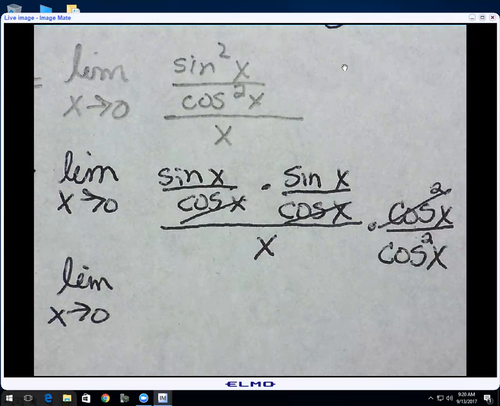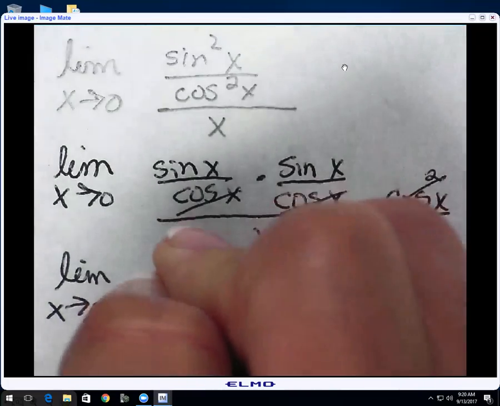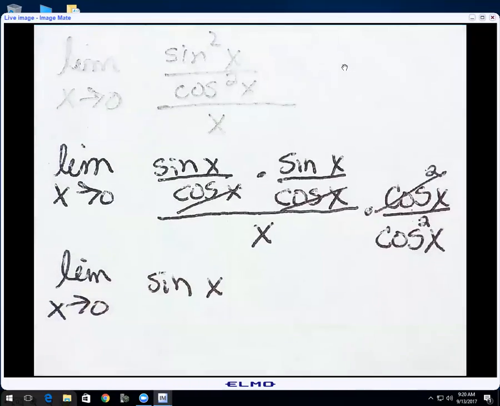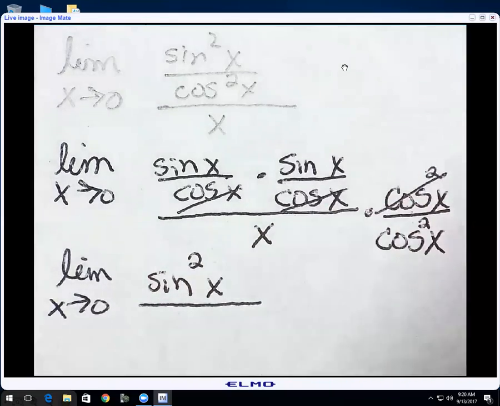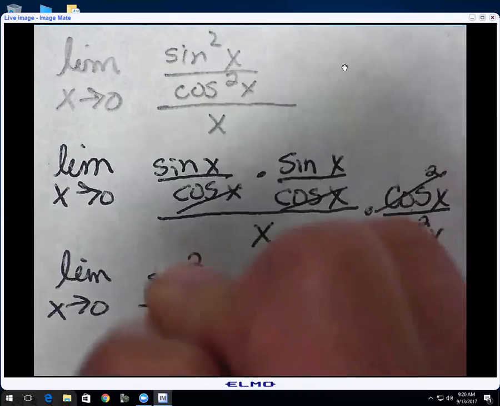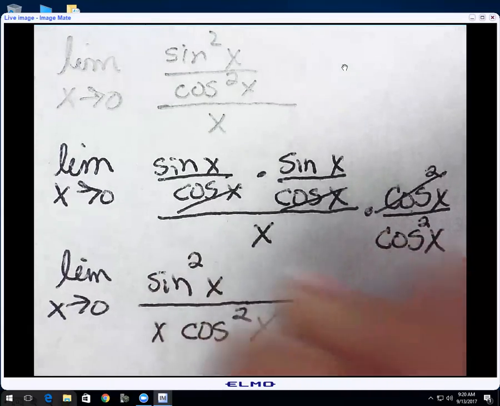So now we're a little better off, maybe. We have, I'm going to write that as sine squared x over x cosine squared x.